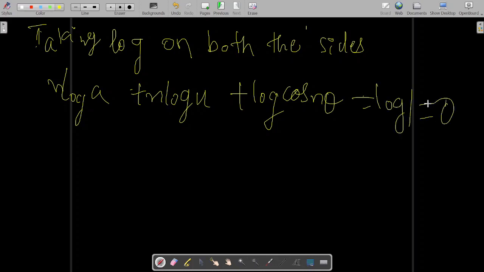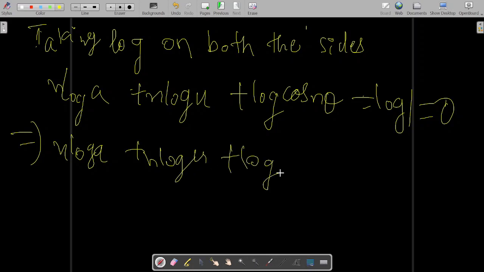After you apply the laws of logarithm, you get n log a plus n log u plus log cos n theta is equal to 0. This is equation number 1.